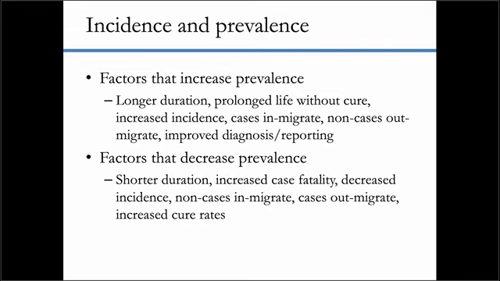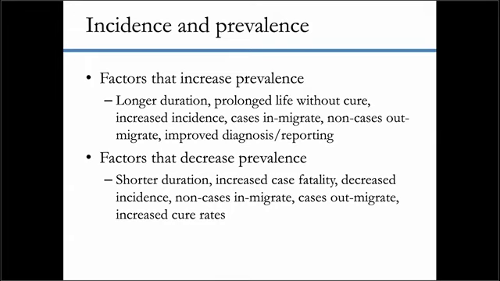There's also a number of factors that can decrease prevalence, including a disease that has a short duration, and increased case fatality. So if you remember case fatality being one of our measures of mortality, if more people are dying from that particular disease, you wouldn't have a buildup of prevalent cases. Decreased incidence, meaning that we have a vaccination or better treatment and less transmission from person to person, or whatever that factor could be, to decrease the number of new cases.